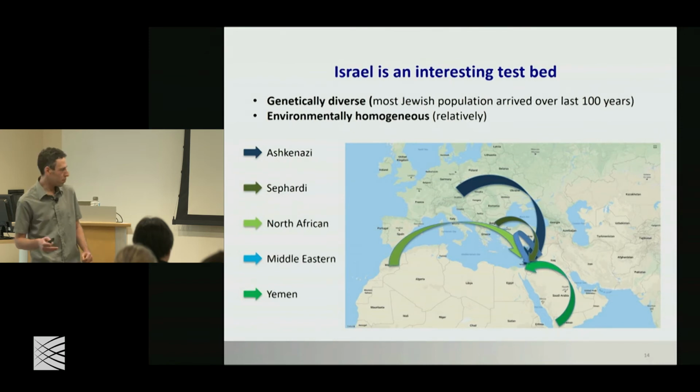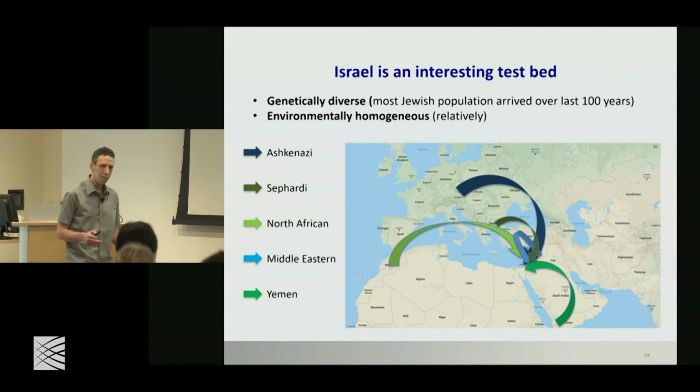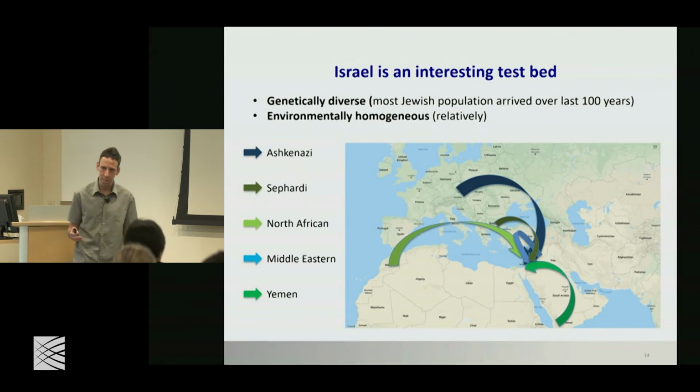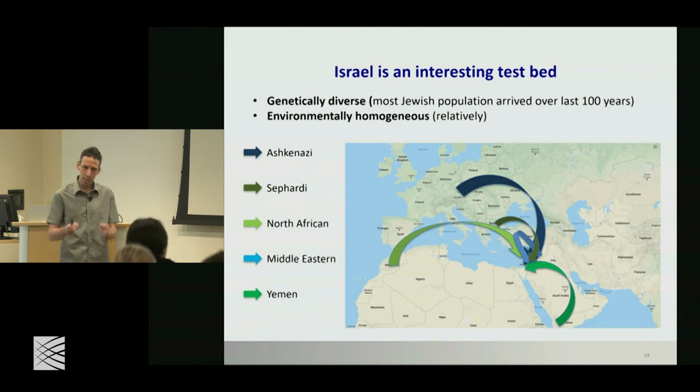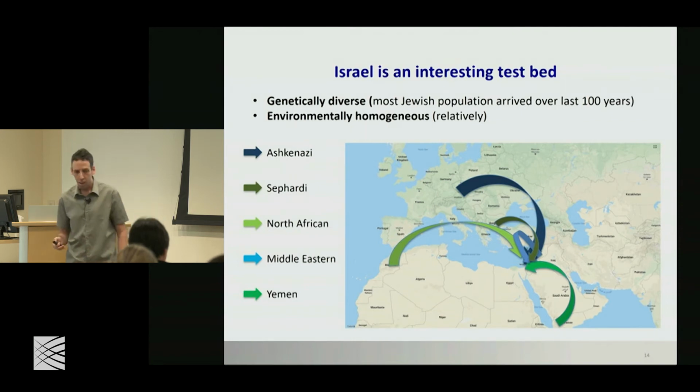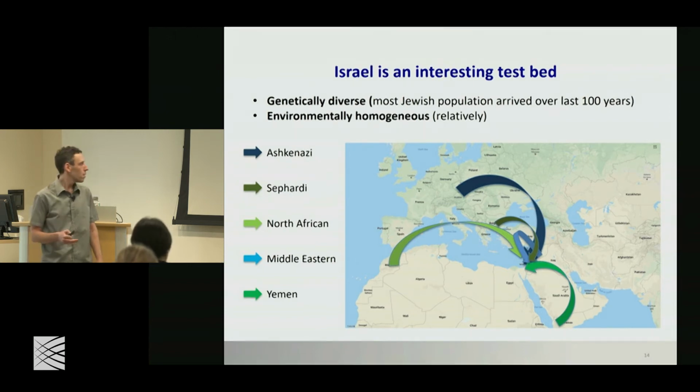And this is cool because this population, in some sense, approximates the ideal experiment that we would want to conduct. The ideal experiment would take genetically diverse individuals and place them under exactly the same environmental conditions for a long time. This would really allow us to tease apart the effect of genetics and of environment. We can't place humans in petri dishes, but this population is an approximation for doing that.